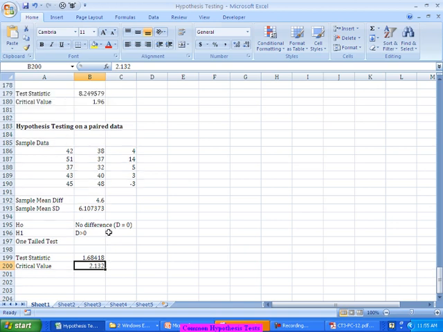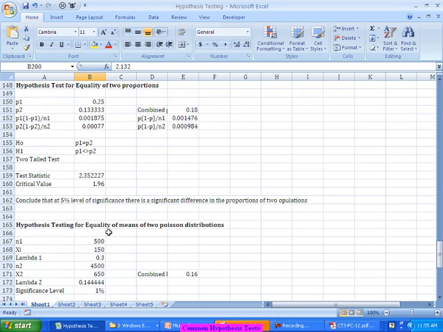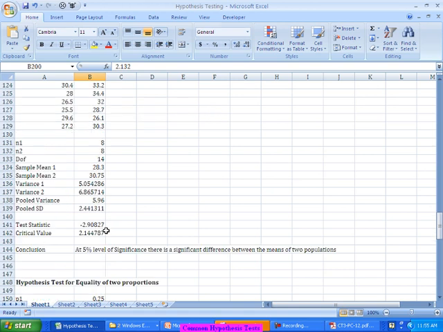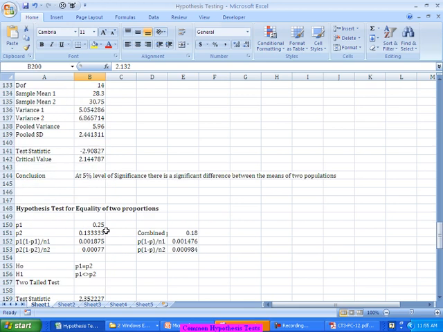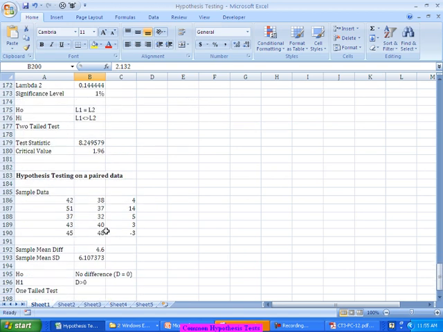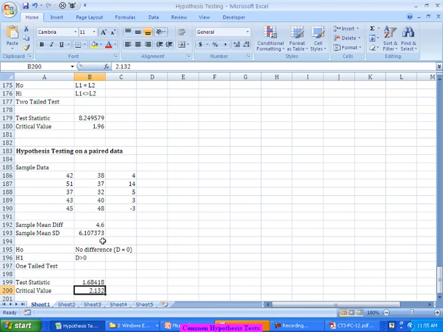Alright. So especially when you are working with two different populations, these are the various scenarios you may come across: comparing the means of the two populations when the variance is known versus when it is not known, comparing the variances of two populations, comparing the proportions of the two populations, comparing the means of two Poisson distributed populations, and finally comparing the means in case of paired data.